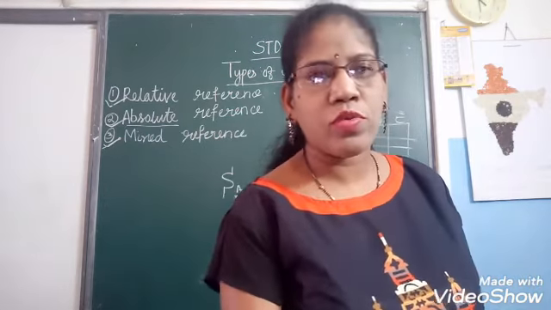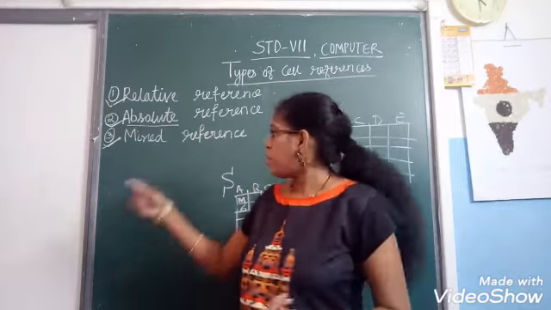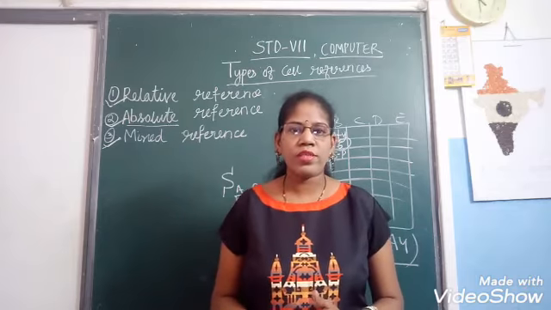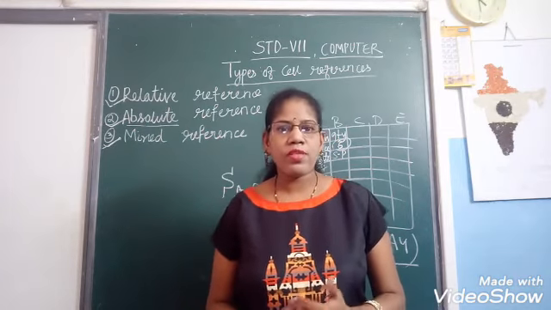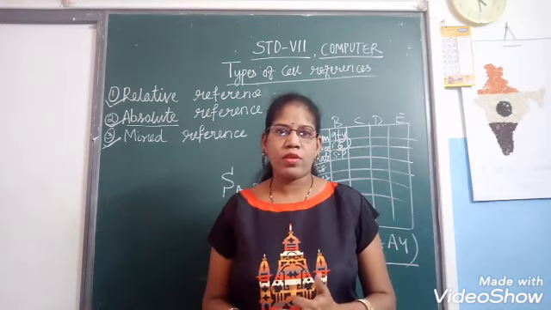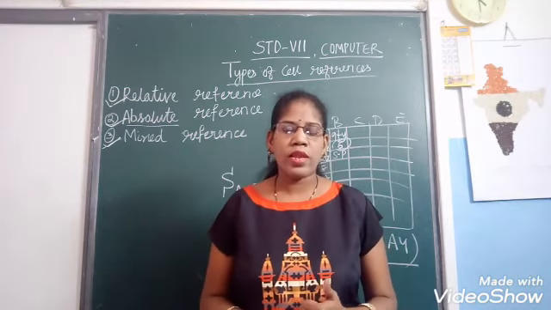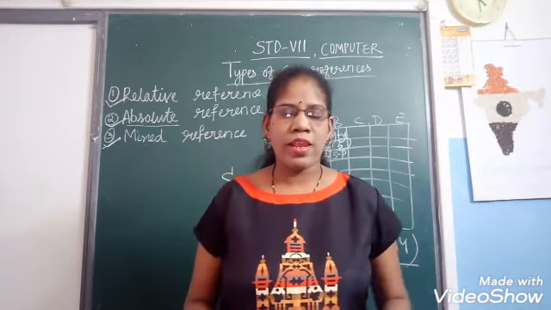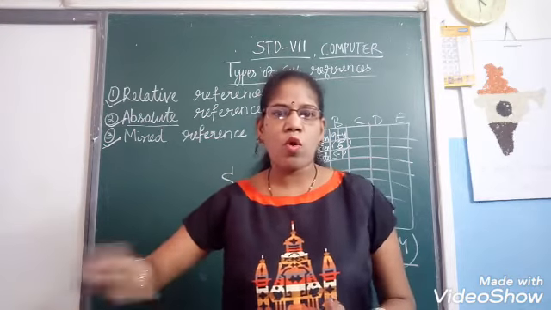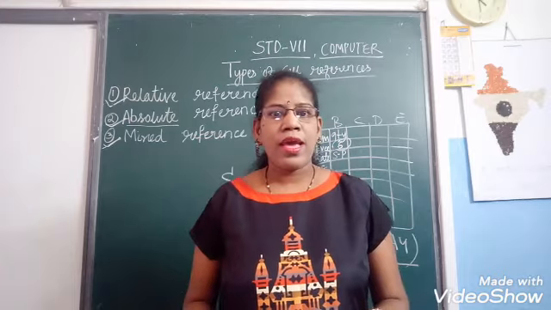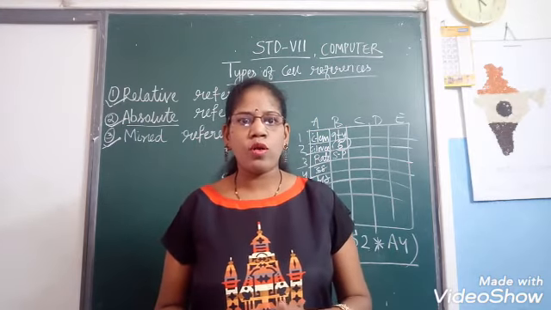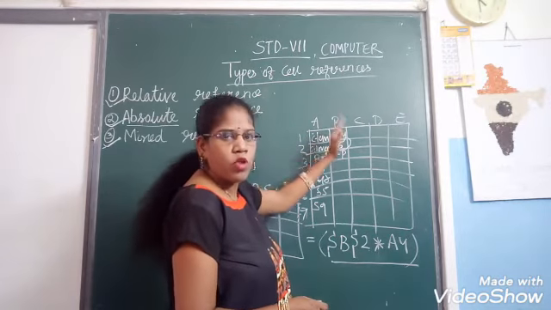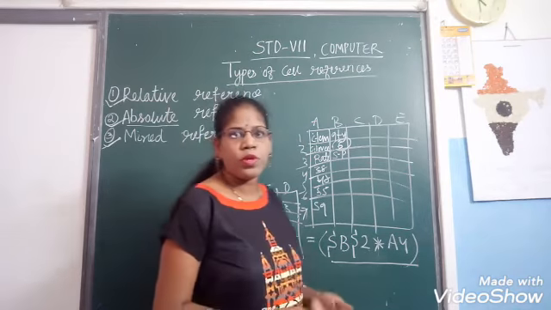Hope students you have understood what a mixed reference is. Okay. In the types of cell reference, there are 3 types: relative reference, absolute reference and mixed reference. In the relative reference you can copy and paste the formula and you need not write the formula again and again. If you drag, all the formulas will come automatically. And in absolute reference you want both the column and the row to be constant in the formula.